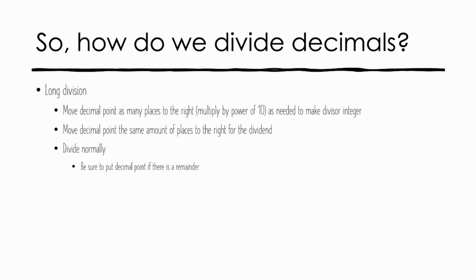If the divisor is already an integer, we don't need to worry about anything. And same thing with the dividend. We want to keep things equal. And again, this is a prominent rule in algebra. Whatever you do to one side, you do it to the other side. So once we do these, we just divide normally and we will get our answer. And a cautionary tip, be sure to put your decimal point if there is a remainder.